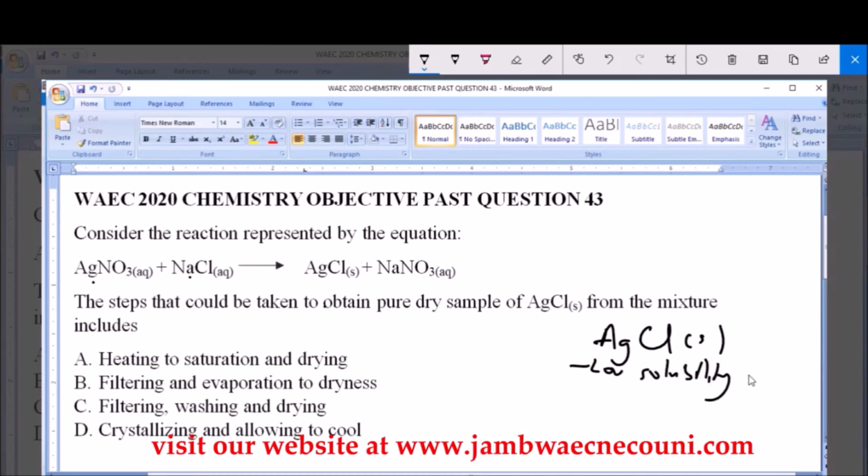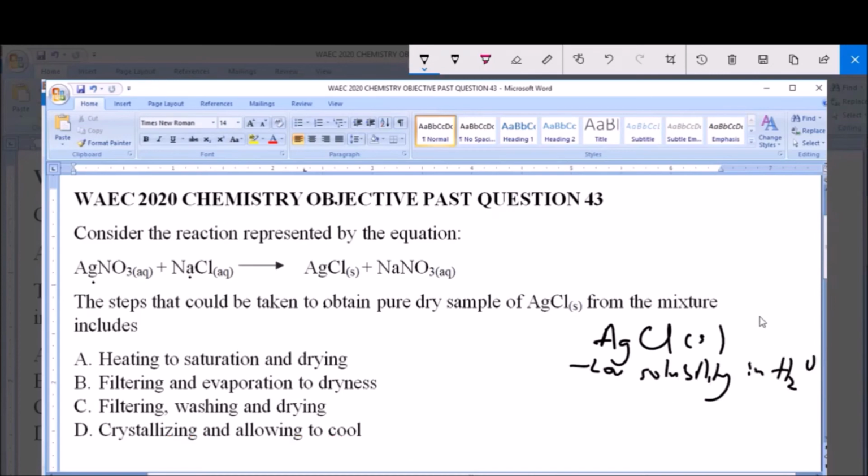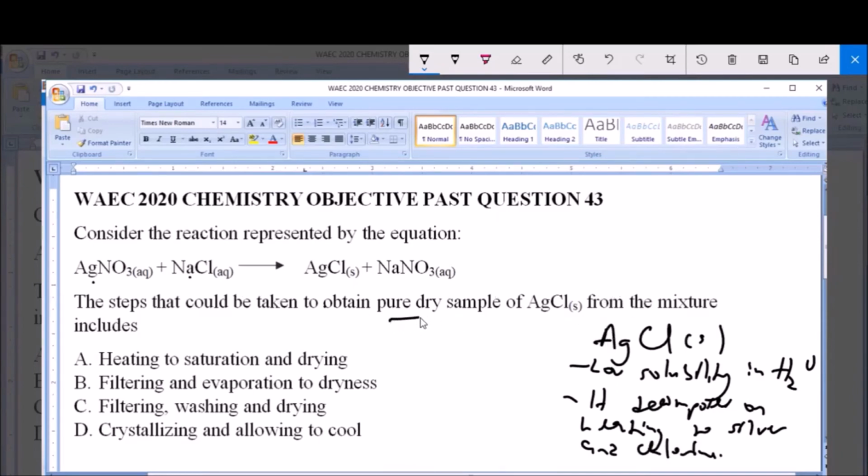One of its physical properties is low solubility in water, and it decomposes on heating to silver and chlorine, that is its components. So these are important things to note when you are talking about the preparation or in order to obtain pure dry sample of this compound.